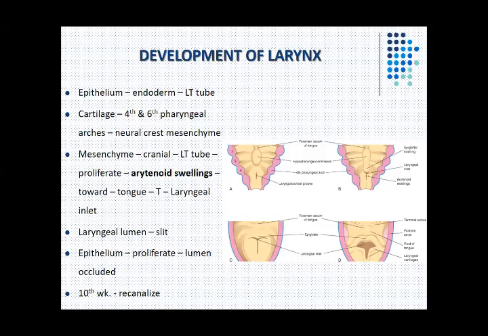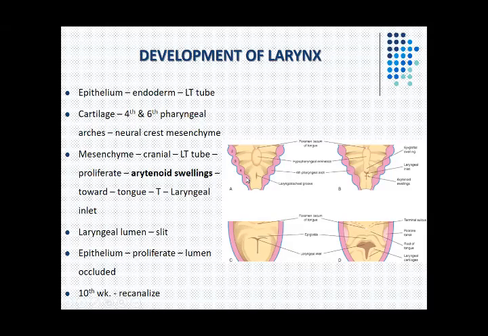अब जो larynx है ना बेटा, that is simply made up of two things, cartilages and a few muscles. The different cartilages of the larynx develop from the fourth and sixth pharyngeal arches.